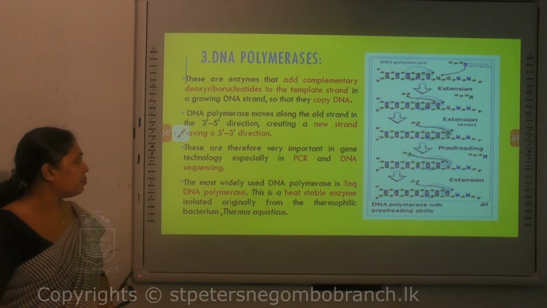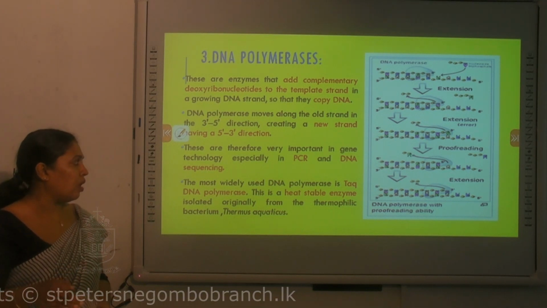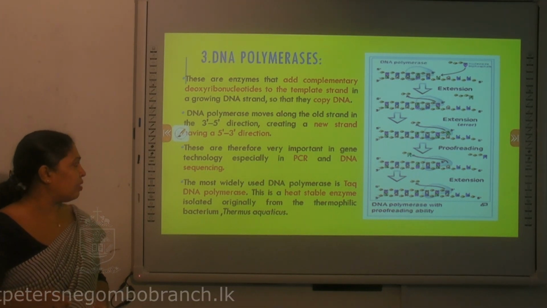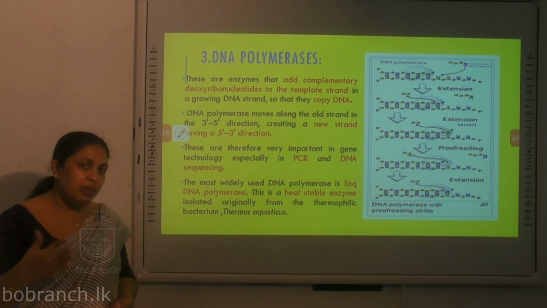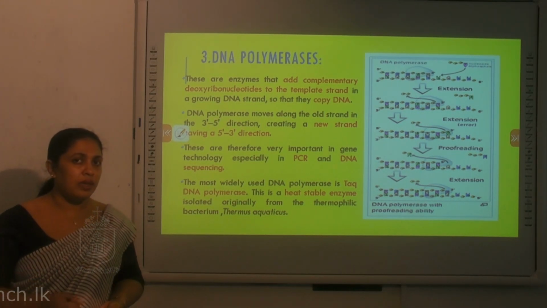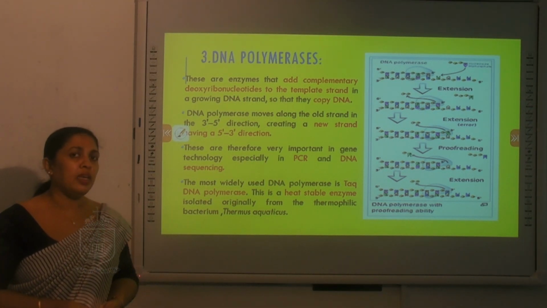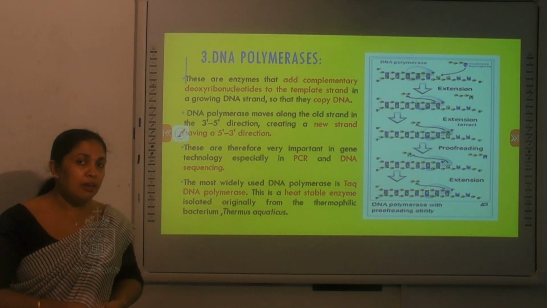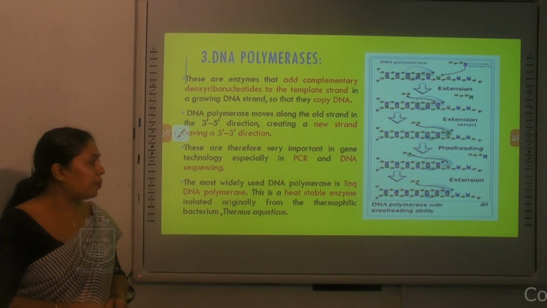So it is actually copying the DNA, and it is used in PCR as well as DNA sequencing. When we are using DNA polymerase in those procedures, we have to use Taq DNA polymerase, which is heat stable, and it is obtained from thermophilic bacteria.